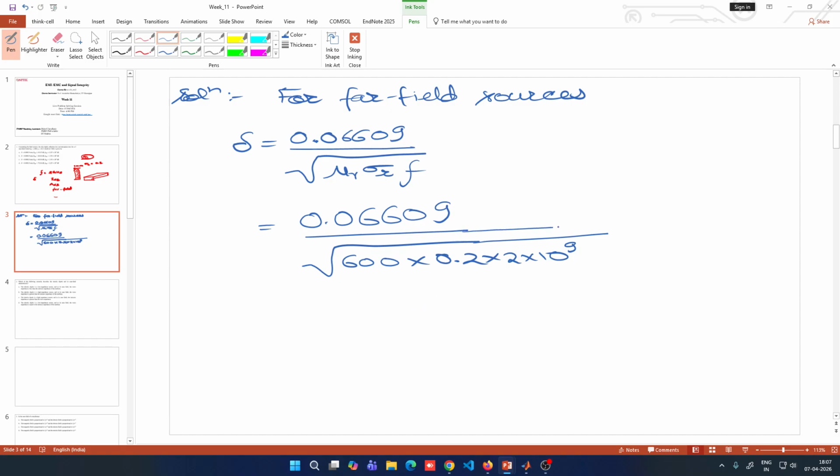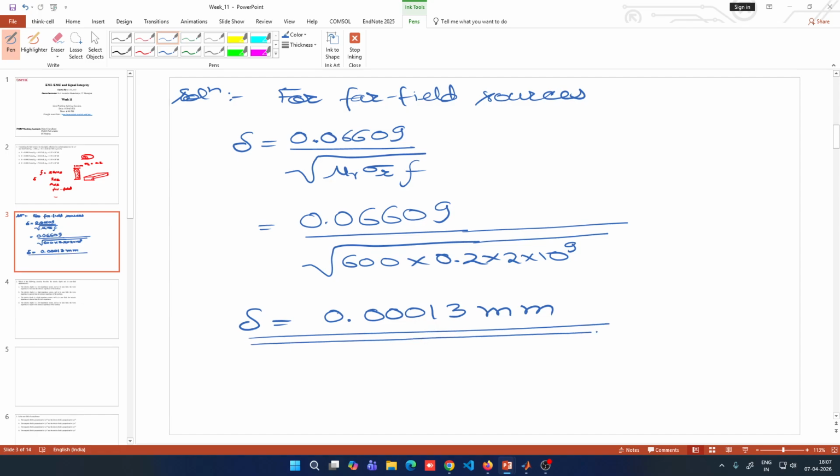When we solve it, we will get 0.00013 millimeters. So this is our skin depth for a nickel shield of 3 mm thickness.